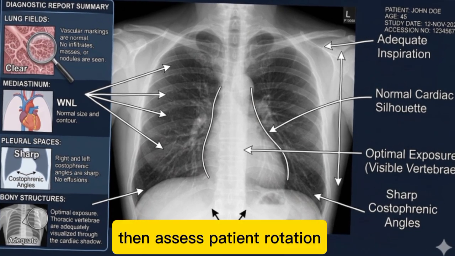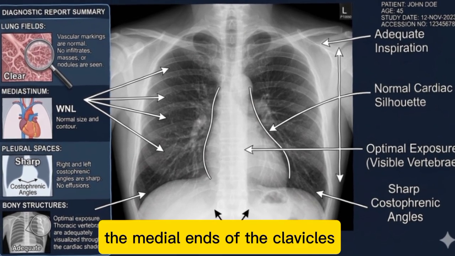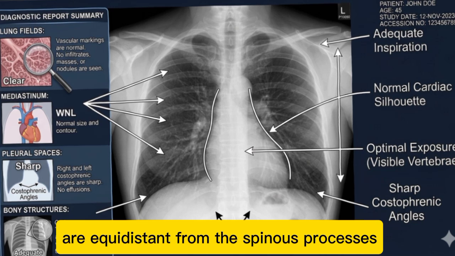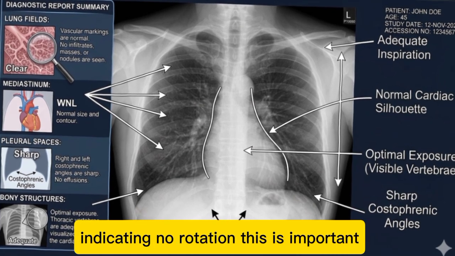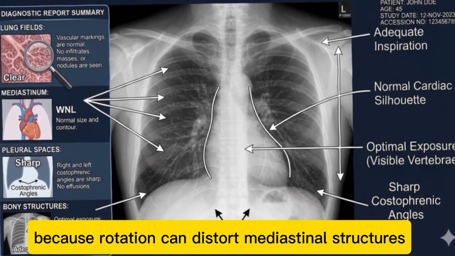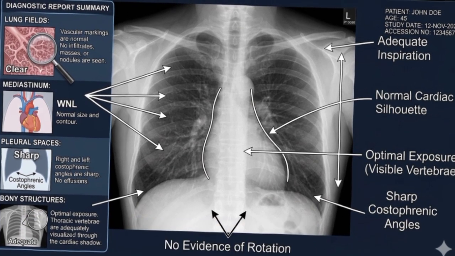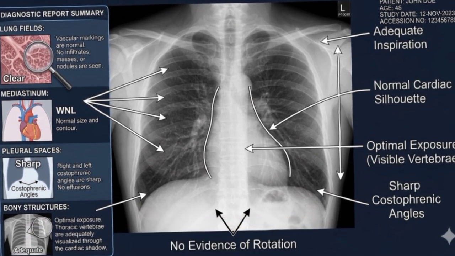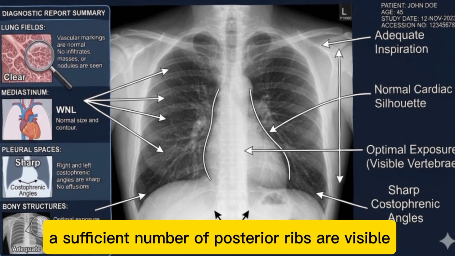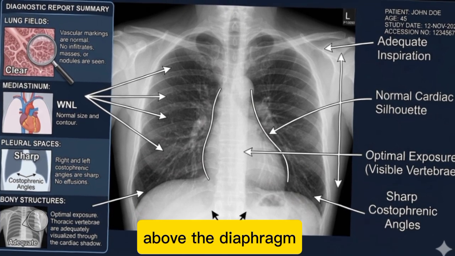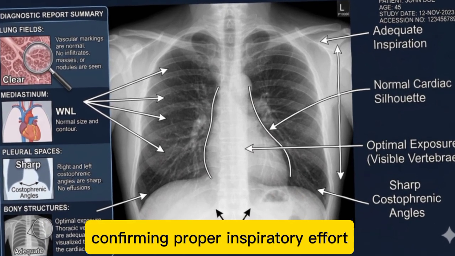Then assess patient rotation. The medial ends of the clavicles are equidistant from the spinous processes, indicating no rotation. This is important because rotation can distort mediastinal structures and simulate pathology. Inspiration is adequate. A sufficient number of posterior ribs are visible above the diaphragm, confirming proper inspiratory effort.